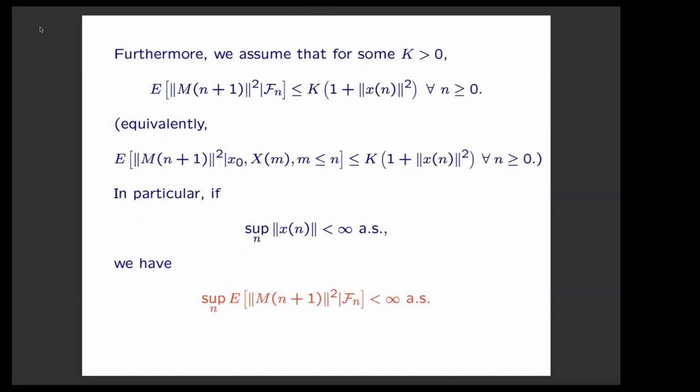And furthermore, I'll impose this kind of conditional moment bound. That plays an important role in what we'll say later. If in particular the iterations do not blow up, and that's not free, you have to justify it, then this condition implies that the second moment of the martingale difference sequence is also uniformly bounded. And that helps.